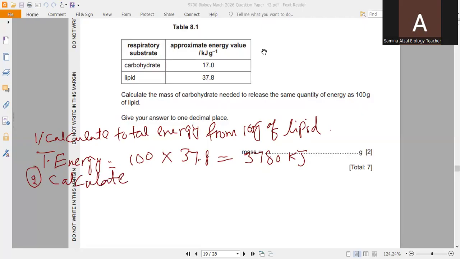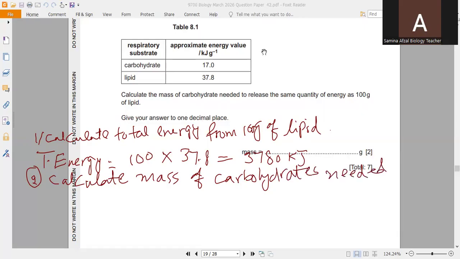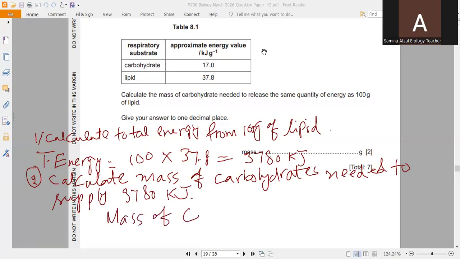The second calculation is also very simple: calculate the mass of carbohydrate needed to supply 3780 kilojoules. So the mass of carbohydrate is equal to 3780 divided by 17.0.